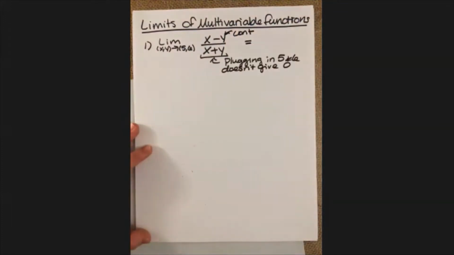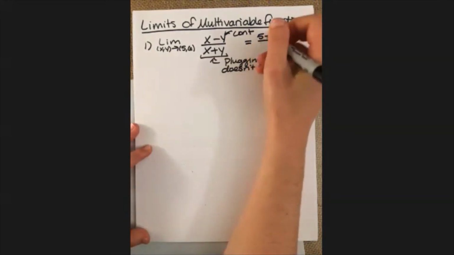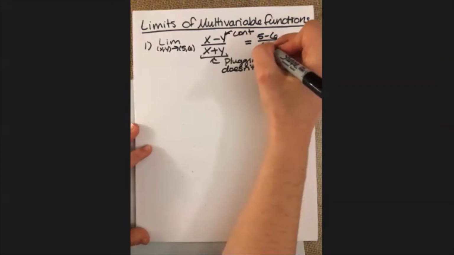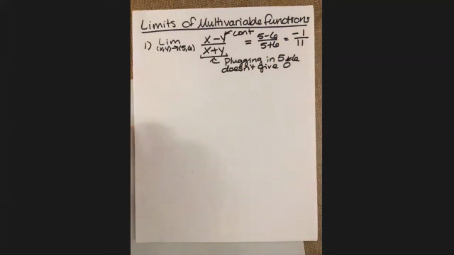So we're good to use direct evaluation in this case. So that's 5 minus 6 divided by 5 plus 6, which is just going to be equal to -1/11. So that's pretty straightforward.